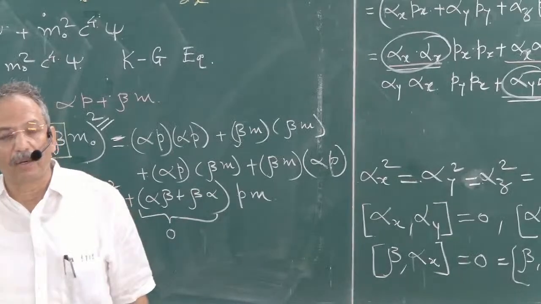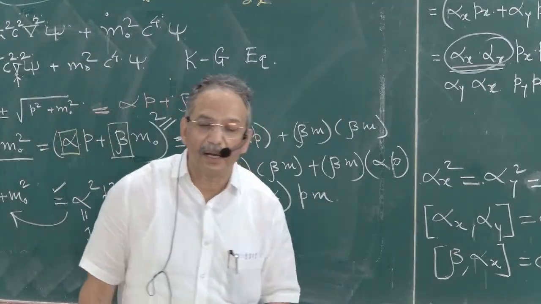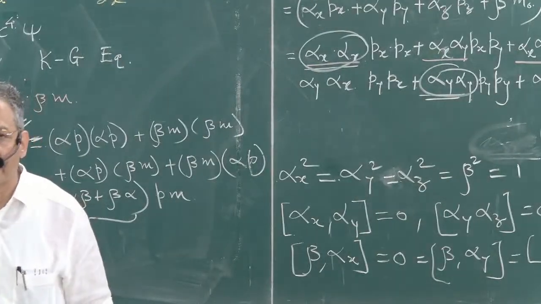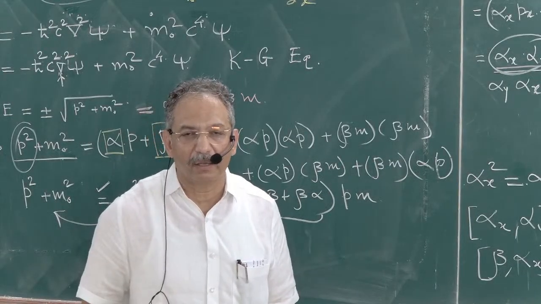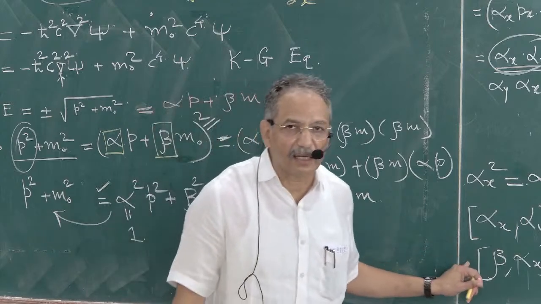Normal numbers are not showing up to this, but if you write alphas, I mean alpha x, alpha y, alpha z, and beta in terms of Pauli's matrices of fourth order, then these conditions are satisfied.